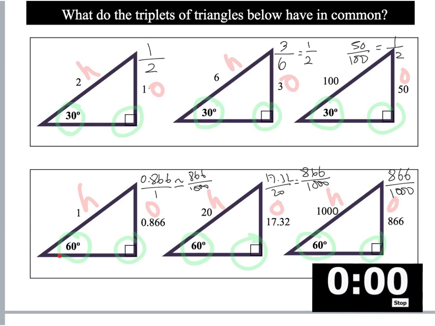If I have an angle of 60, then my sine operation will always give me 866 over 1,000, or 0.866. This means we can use these ratios to calculate unknown sides, like you've been doing in previous lessons, but you don't actually need a calculator if you know the ratios that the angle gives you.